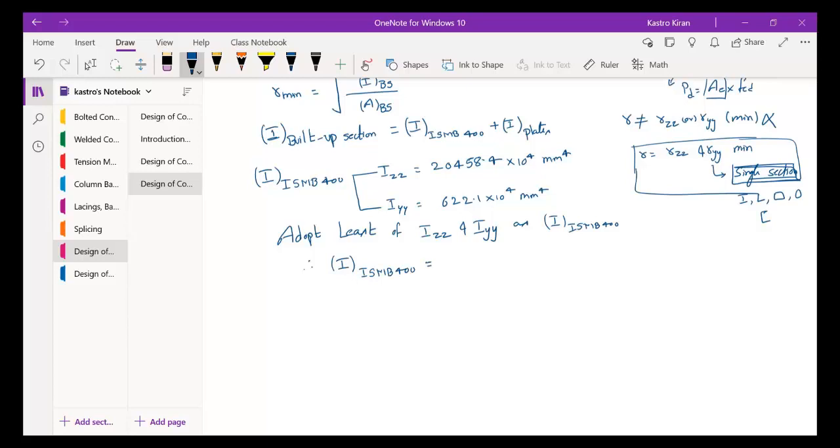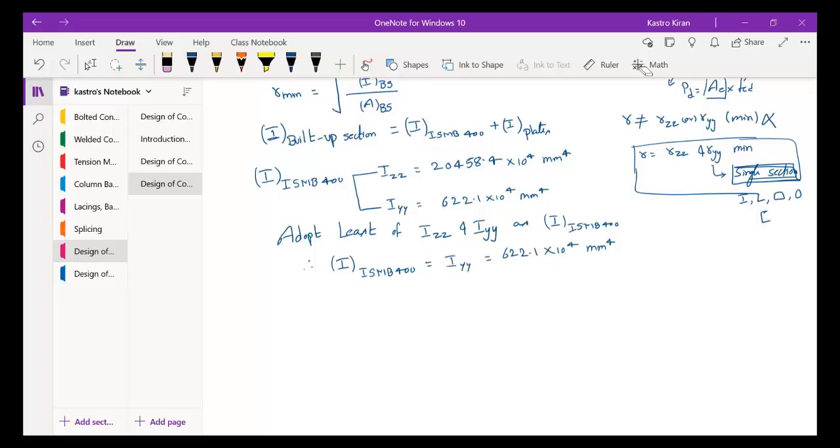If you compare IZZ and IYY, obviously IYY is the least value. So the least will be IYY, which has the value 622.1 into 10 power 4 mm power 4. That's how you can find the first factor, which is the moment of inertia of ISMB 400.